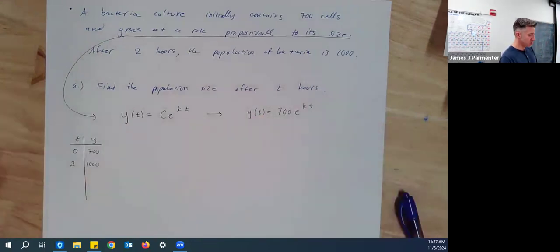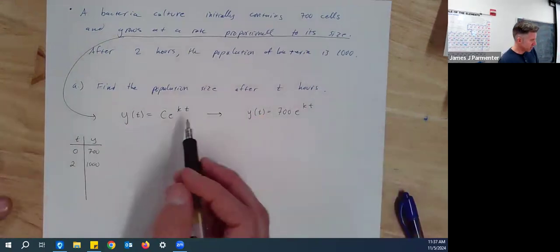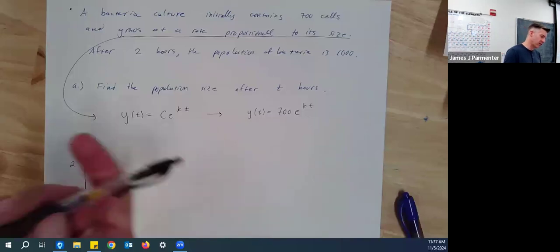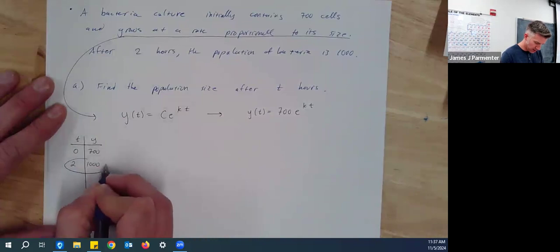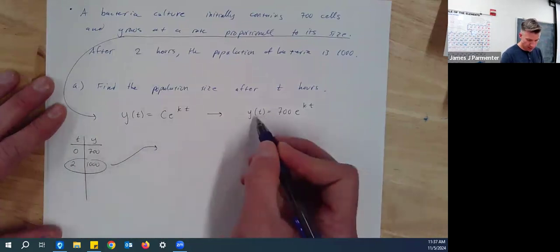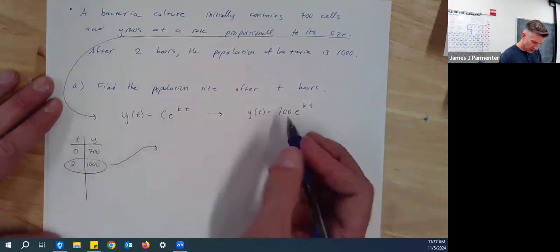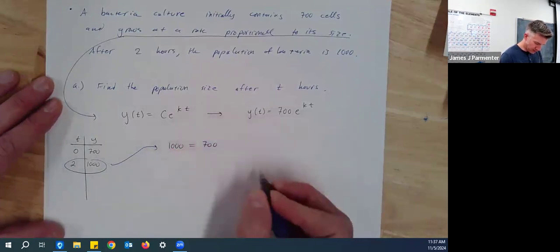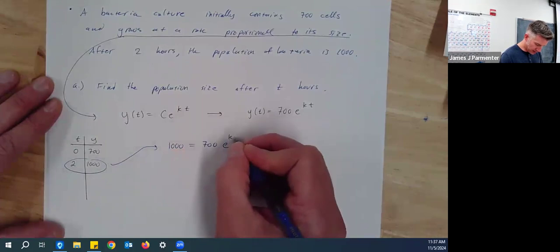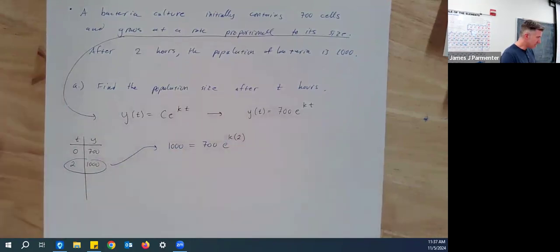Or if you prefer, you can plug in 700 for y and 0 for t and solve for c and get 700. But the next step takes a little more work. Now we plug into our updated model that y is 1,000. It's equal to 700 times e to the k times 2. And that will allow us to solve for k.